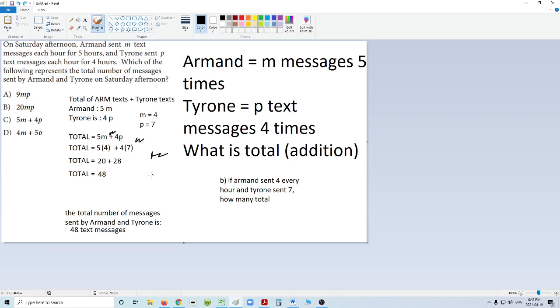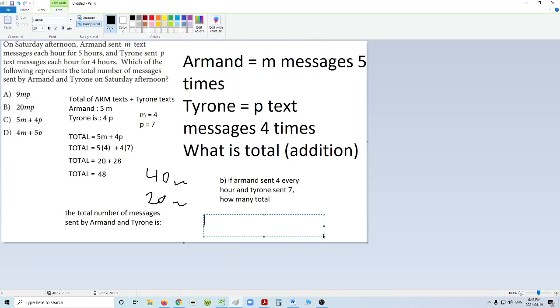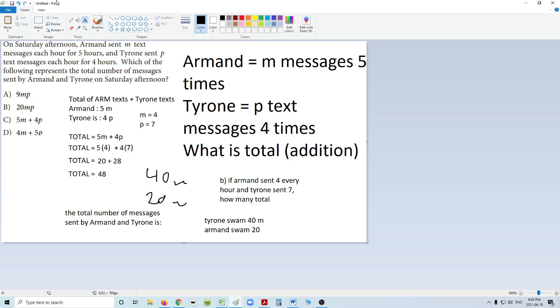For instance, if I said that Tyrone swam 40 meters and Armand swam 20 meters, what is the ratio? How much further did Tyrone swim than Armand? So that's another example. So I would say Tyrone swam 40 meters. Armand swam 20. Well, I would take 40 meters divided by 20 meters.